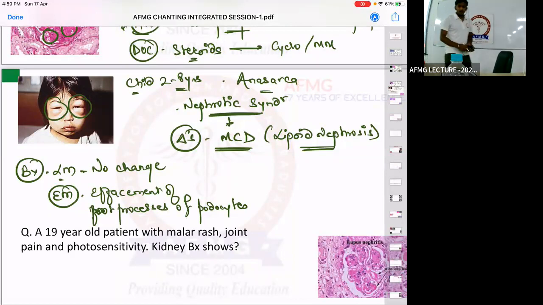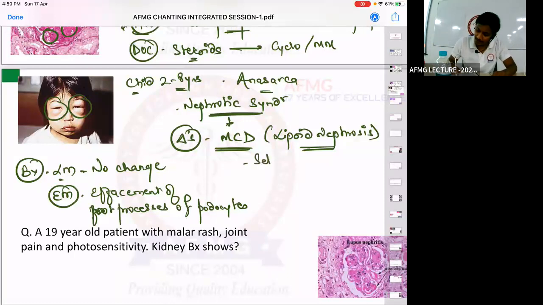Important. Please tell me now, what is the drug of choice for MCD? Important from pediatrics. First tell me, in MCD also there would be protein loss, but predominantly which protein would be lost?